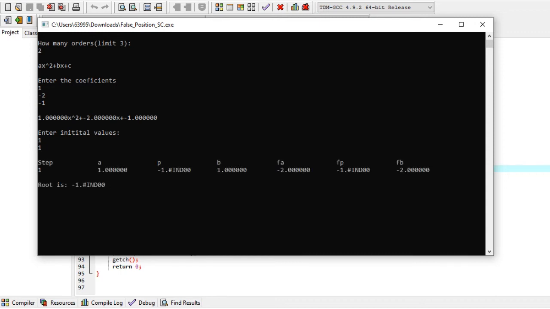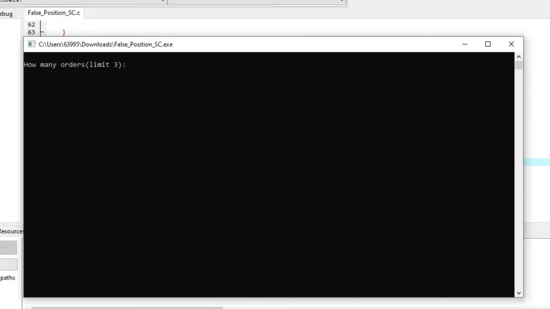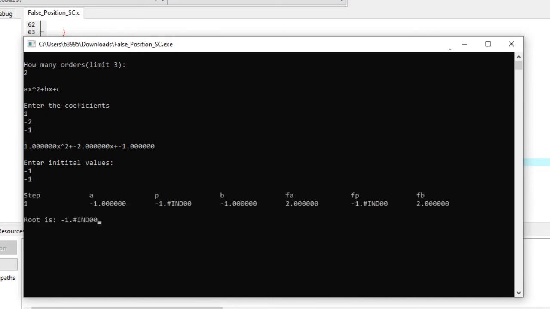Here, you won't get any root. So let's go back. We have quadratic function of 1, -2, -1. Then let's say we have -1 and -1 as well. So it's the same.